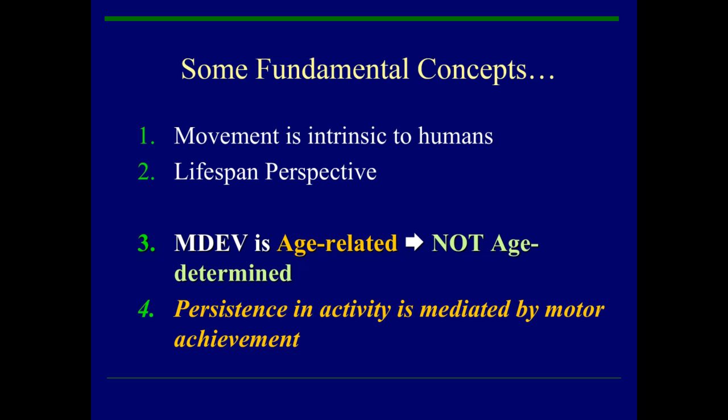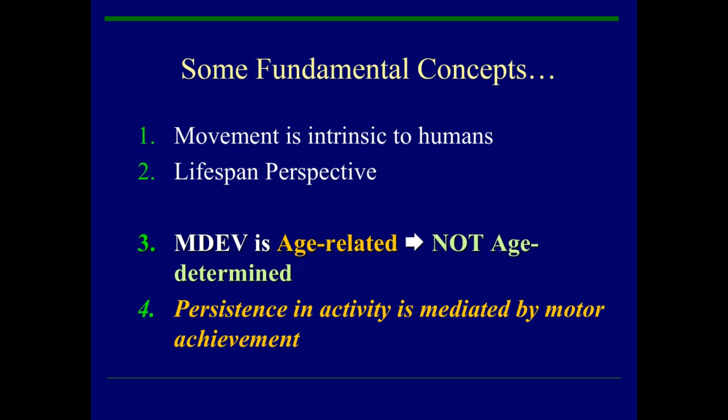Second, in this course, as the title suggests, we adopt a lifespan perspective. Movement is a significant factor from before birth till the end of life. Third, despite the importance of time in motor development and necessarily age as a concept, age itself does not determine what we can or cannot do.